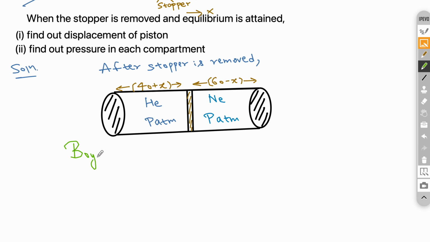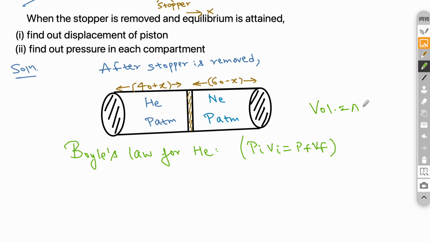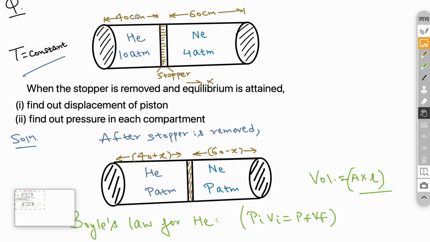Okay, we'll apply Boyle's law. Because temperature is constant, we can apply Boyle's law for helium. So what is Boyle's law? It is initial pressure multiplied by initial volume equals final pressure multiplied by final volume, right? Volume here will be area times length. Area is pi r squared, which will be the same, so it will cancel out on both sides, and only length will matter.